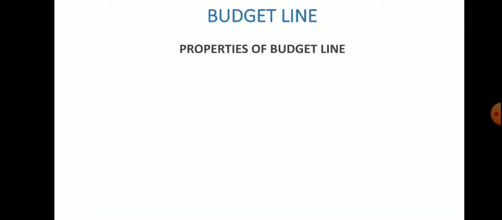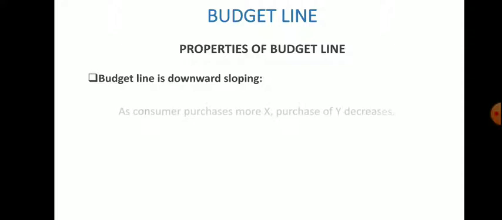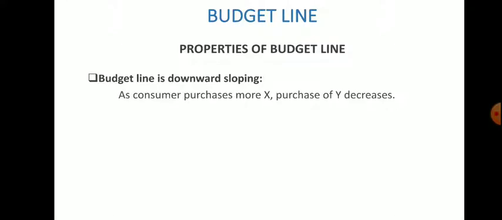Now, see the properties of the budget line. First of all, the budget line is downward sloping. Why is this so? Because, as we have seen, if the consumer wants to purchase more of commodity X, the consumer needs to reduce the consumption of commodity Y. At a time the consumer cannot increase the consumption of both X and Y with the given income level.